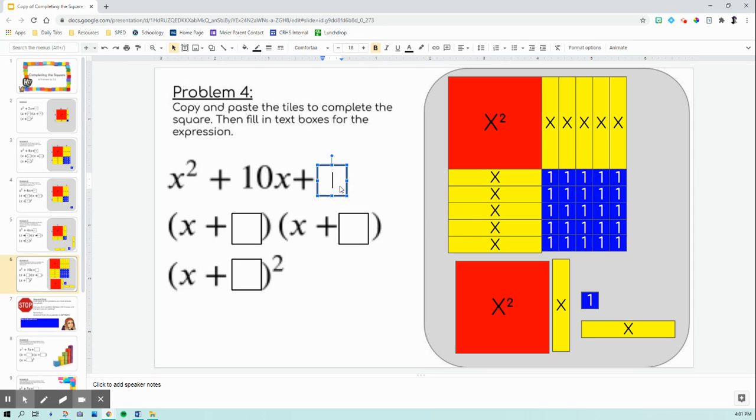And then we can count up our ones tiles, and we have 25 ones tiles all together.